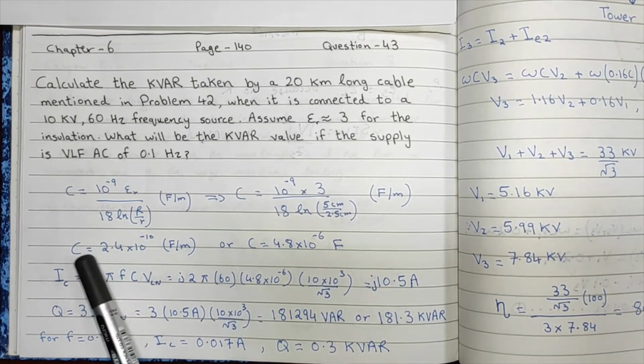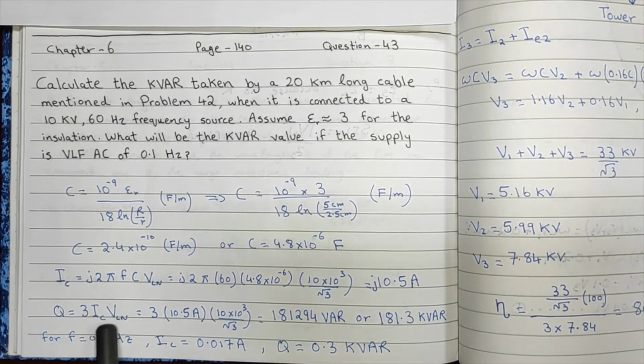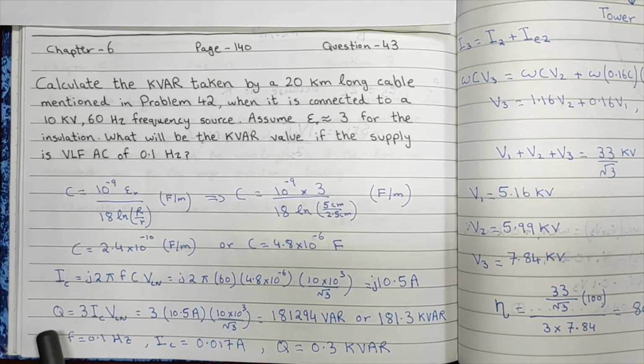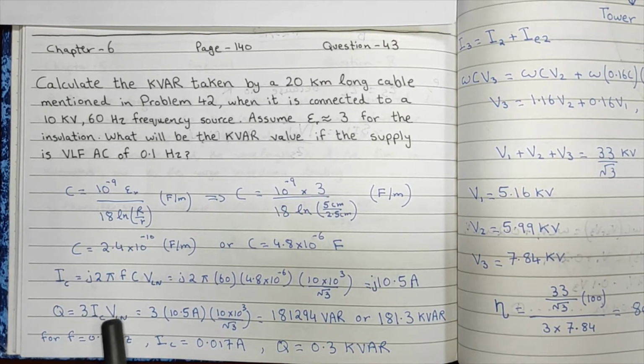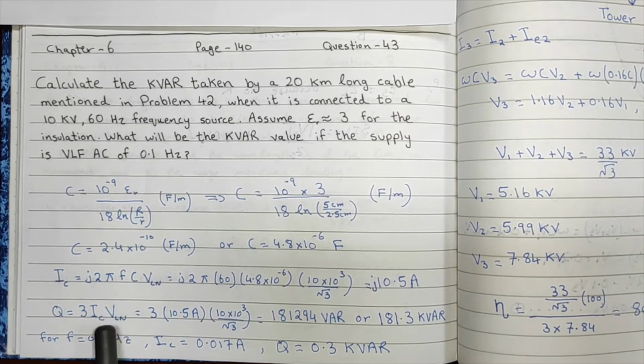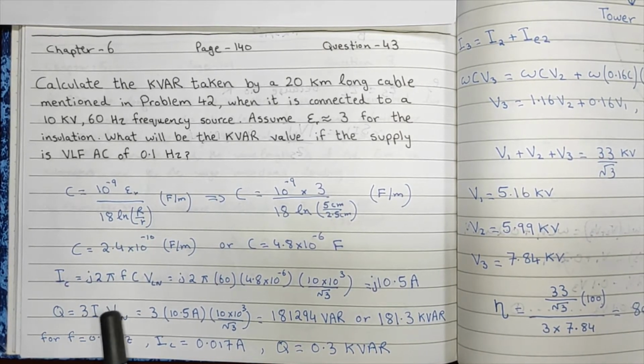Now you can substitute this charging current in this formula to find the total reactive power for the three-phase system. You just multiply 3 with I_C and the line to neutral voltage.